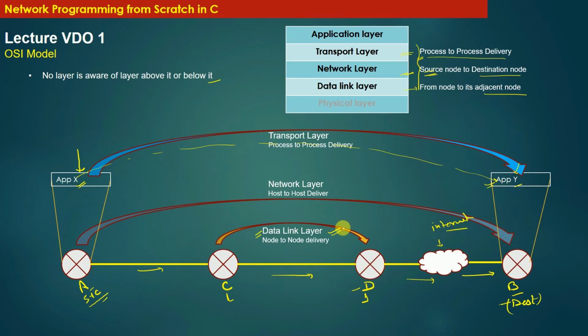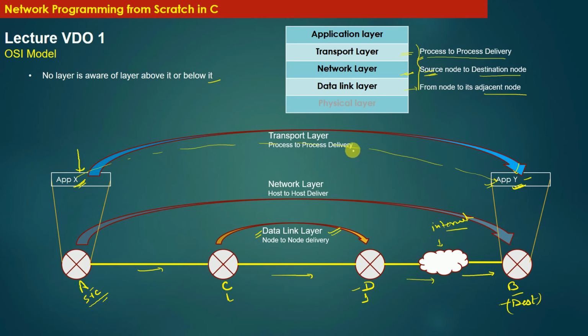All it knows is that there is application X and it wants to talk to application Y. The transport layer doesn't know on which machine in the world application Y is running. All it knows is that application X wants to communicate with application Y, which is running on some node in the world.